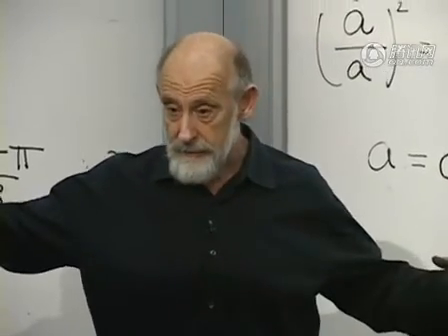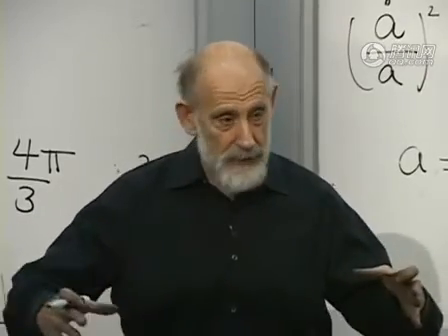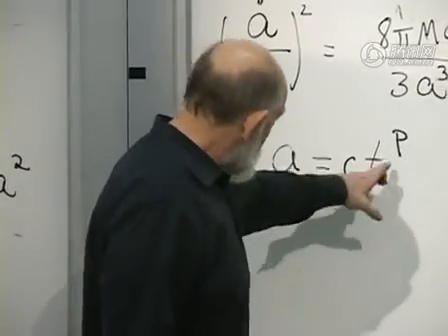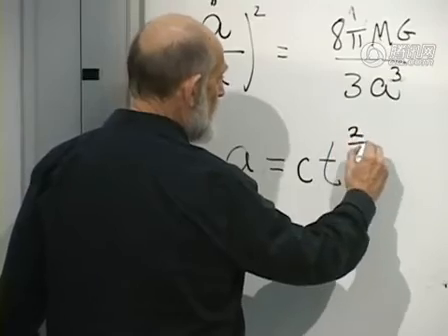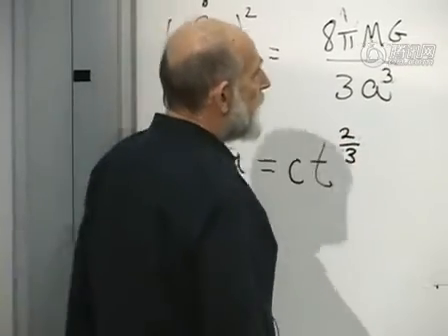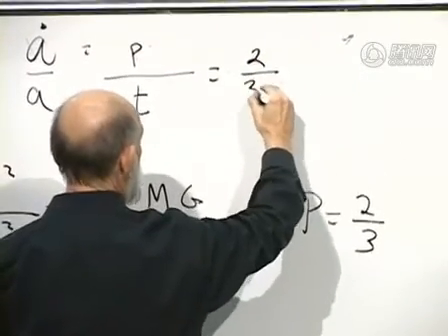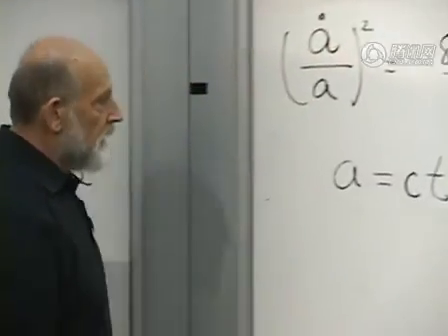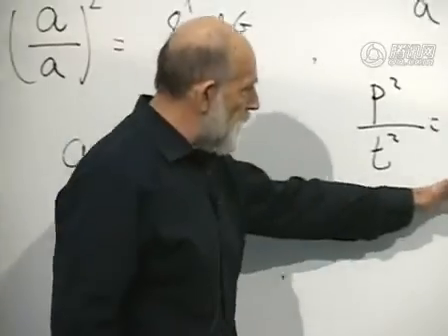It doesn't expand linearly with time, growing like T. That would be sort of unaccelerated motion. It expands less rapidly than that. In fact, it slows down somewhat. So we can now replace P by 2/3 everywhere. If we choose P to be 2/3, then the time dependence on both sides of the equation is the same.